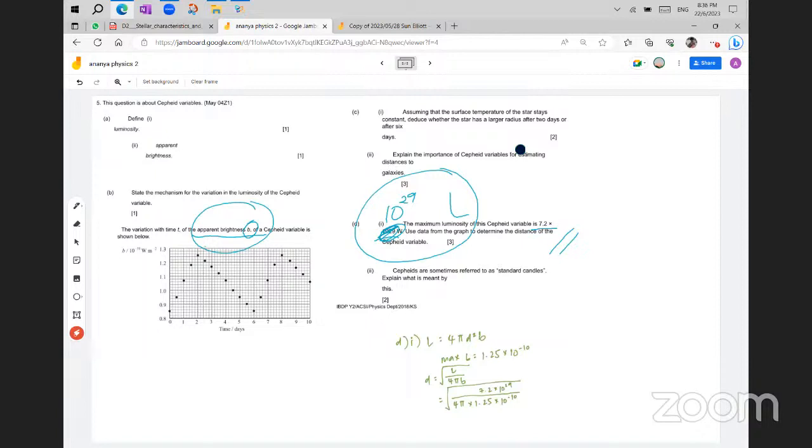For C part 2, the Cepheid variable for estimating distance to galaxies. Oh goodness me, that's just the same thing. First of all, I can find the distance to the Cepheid variable by the special relationship that it has, right? The one that Henrietta Leavitt found.